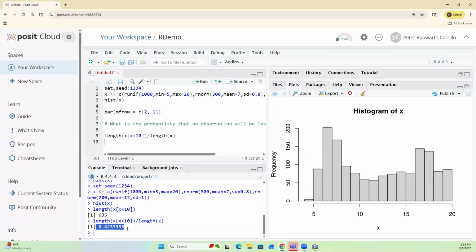So there's a 42% chance from this distribution of getting an observation less than 10. It's actually not bad with technology. And in fact, there's some classes that don't even worry about parameterized distributions like uniform or normal because we can do it all with computers.